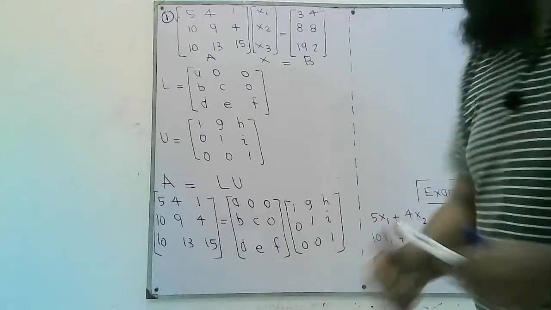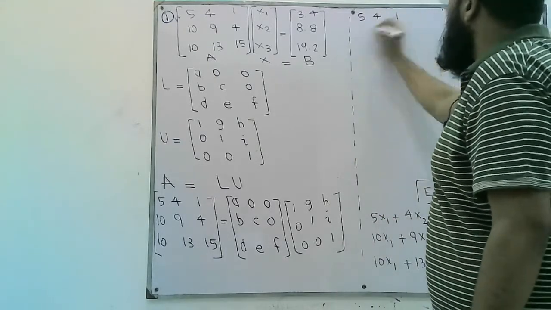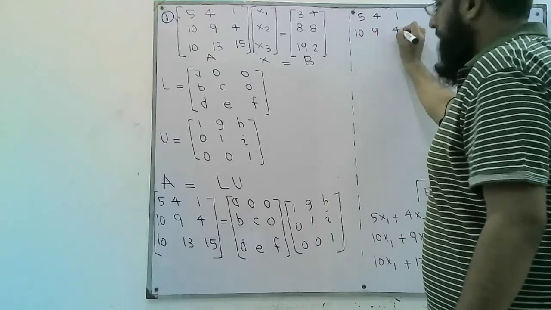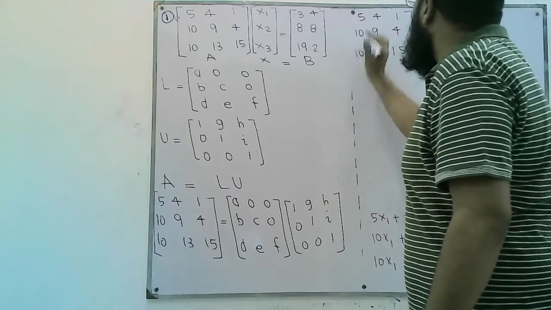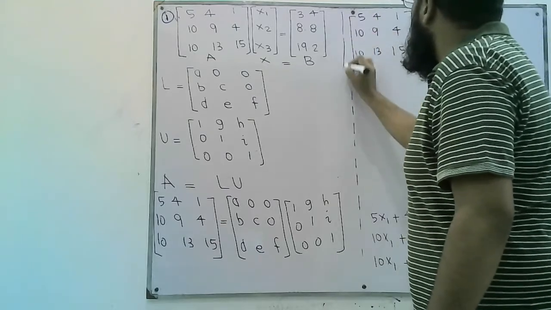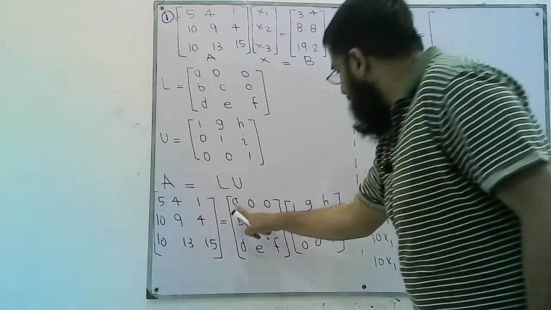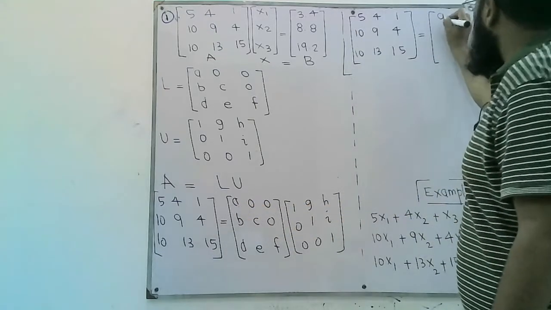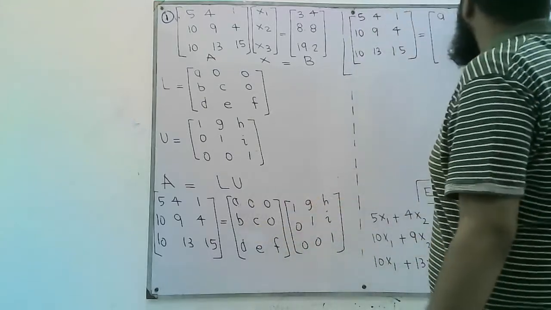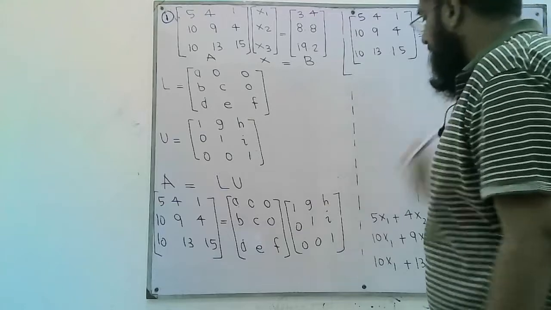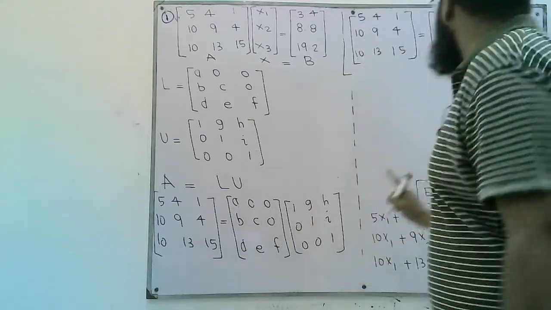Right. So if we multiply the two matrices on the right hand side of the equation, let me write this first matrix first. A times 1 is A, plus 0 times 0 plus 0 times 0 is 0. A times G plus 0 times 1 plus 0 times 0 is 0.